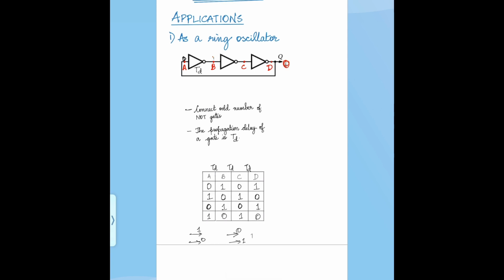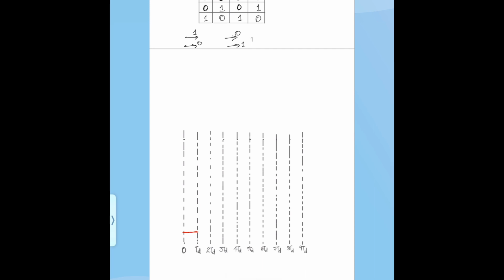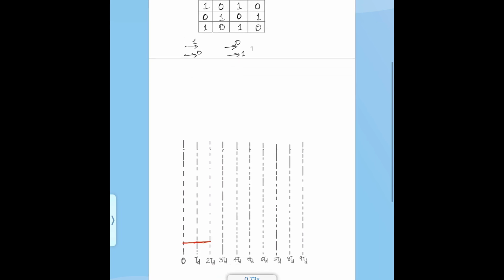Even though it became 1 here, it did not reach the output terminal. So it is 0 there. So after 2 Td, it is again 0. After 3 Td, it's again 0. After 3 Td, we got the output as 1.